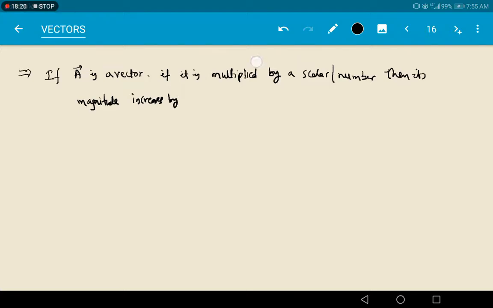Suppose multiplied by m, it increases by m times.